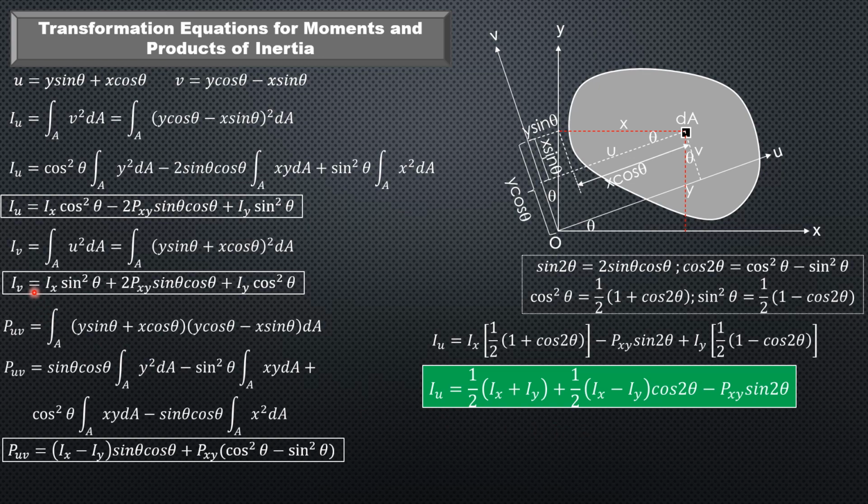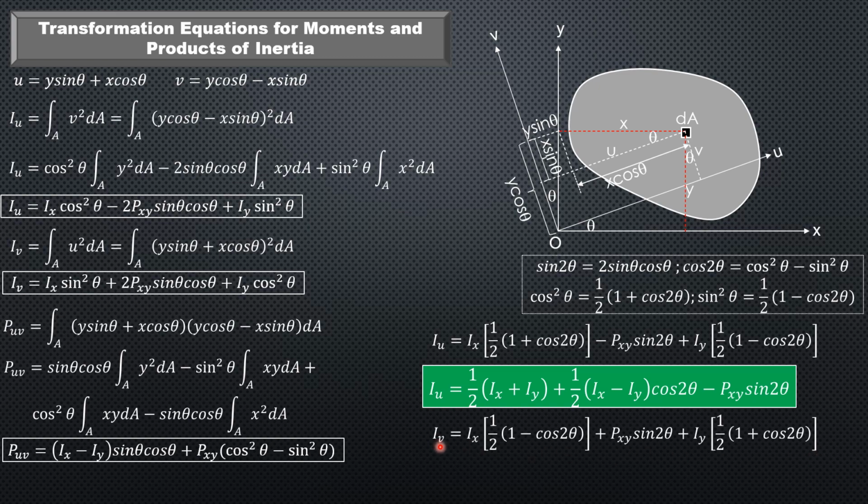Similarly, I sub v from here, we replace this by 1/2 of quantity 1 minus cosine 2 theta, then plus Pxy sine 2 theta plus Iy times 1/2 quantity 1 plus cosine 2 theta.